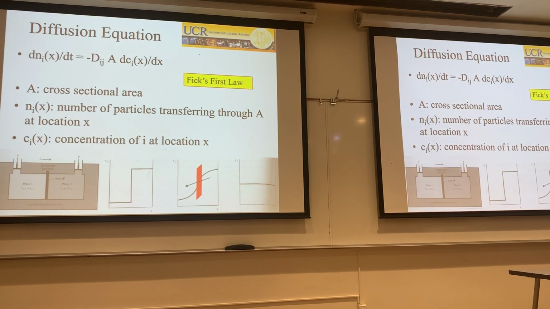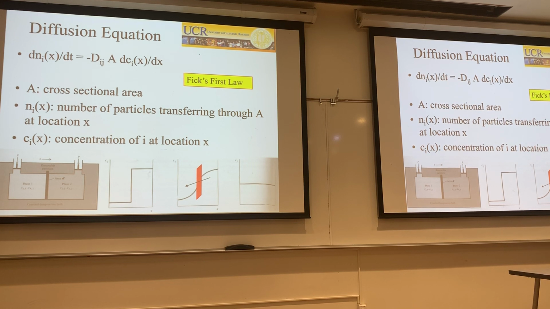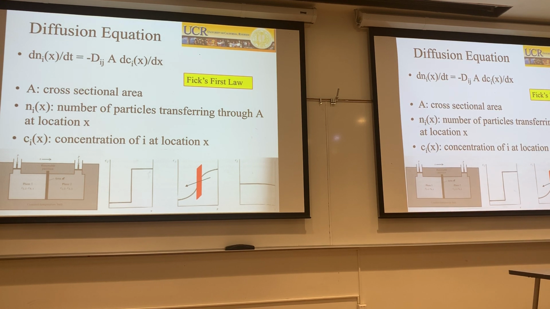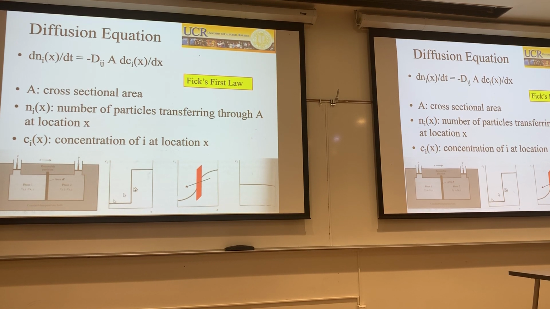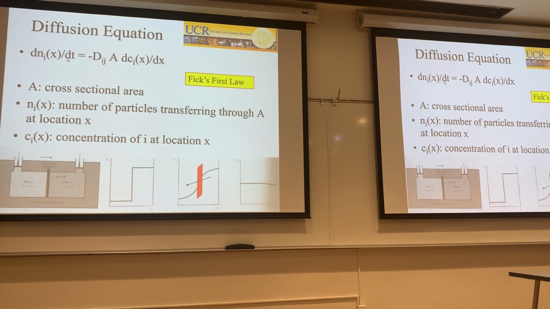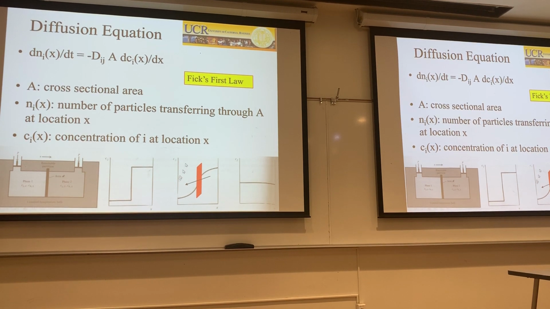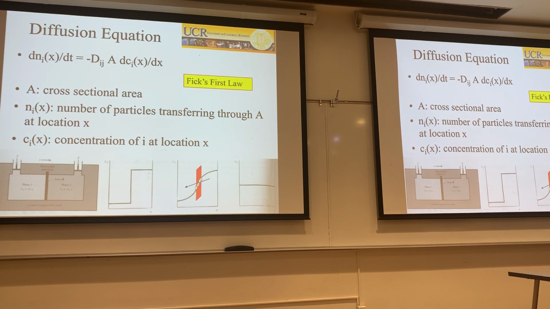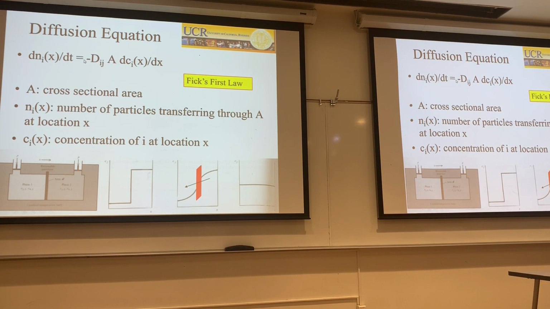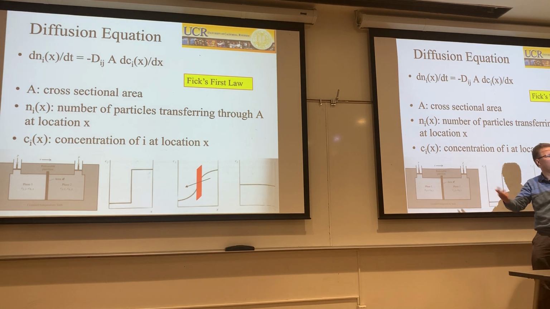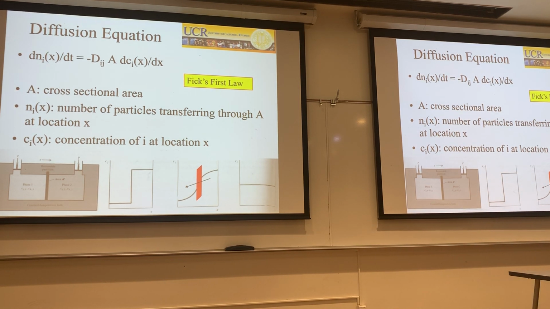So I can start with a differential equation. The differential equation is that the number of particles which move through an imagined area at the position x over here, per unit of time, is given by the first derivative, the slope of the concentration over here, with a minus sign in front of it, because the particles move from high concentration to low concentration, not from low to high, times the diffusion constant, and this is the same diffusion constant which we just talked about.